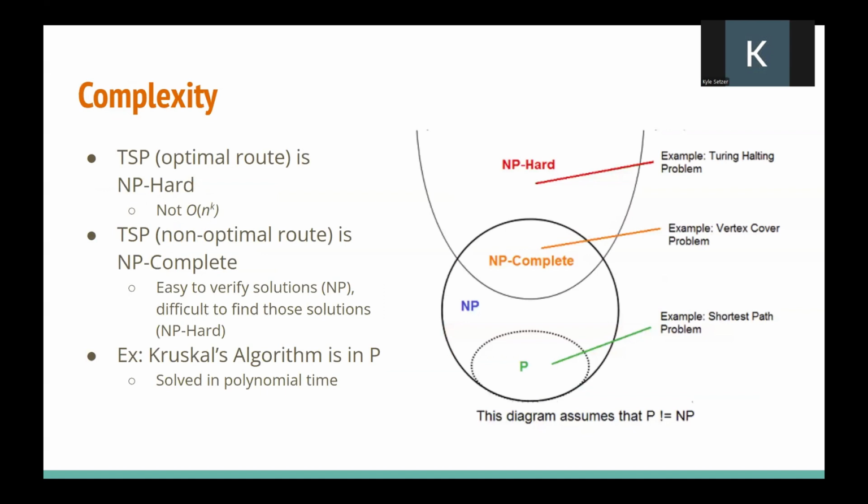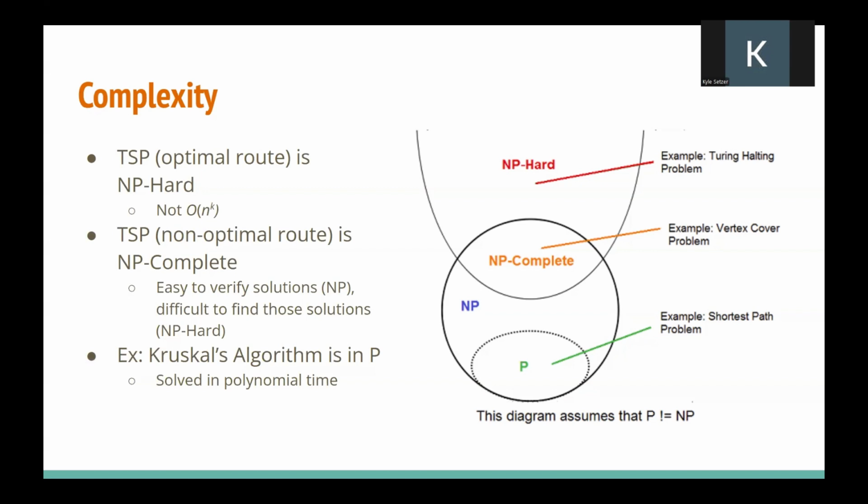So let's talk a little bit about complexity for this problem. The TSP, if we're trying to optimize the route through these cities, is considered NP hard. This means that there's no polynomial time algorithm that exists currently in order to solve this problem.